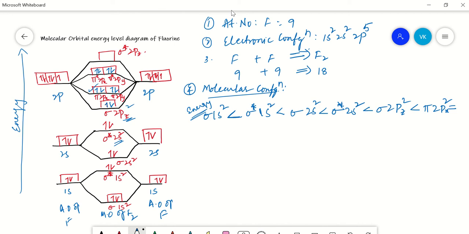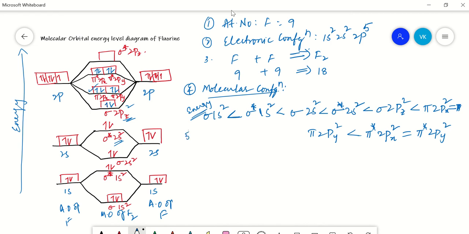It means the same energy is present among them, and the stability also is the same. This is less than your pi star 2px2, which is equal to pi star 2py2. So this is your molecular configuration of fluorine.